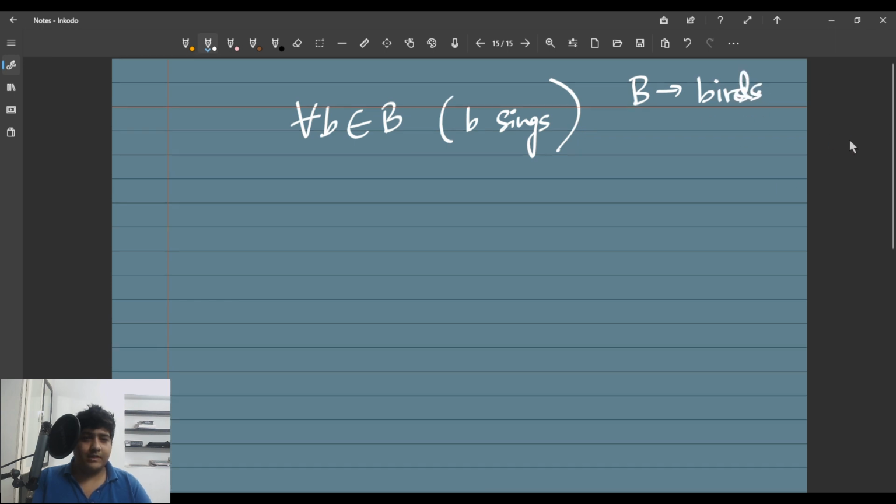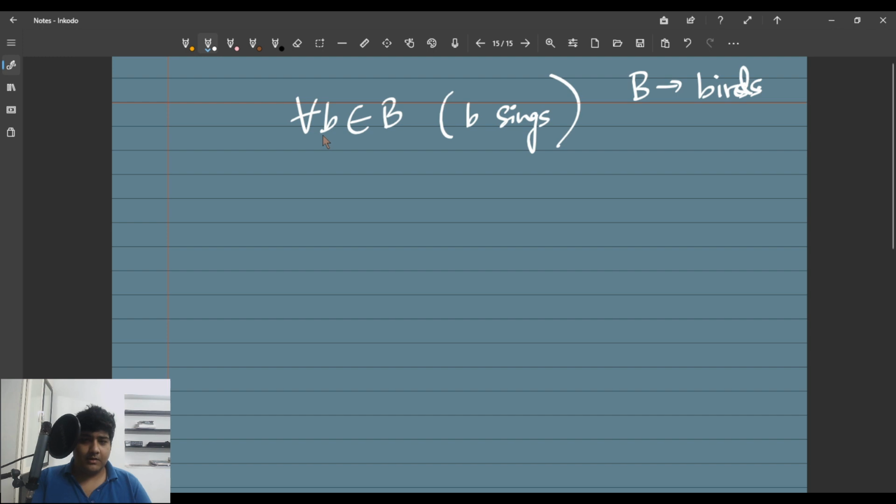For all small b belonging to capital B, this is my statement A. And B has the property that it sings. So what does this mean? Think about it. It essentially means that all birds sing.